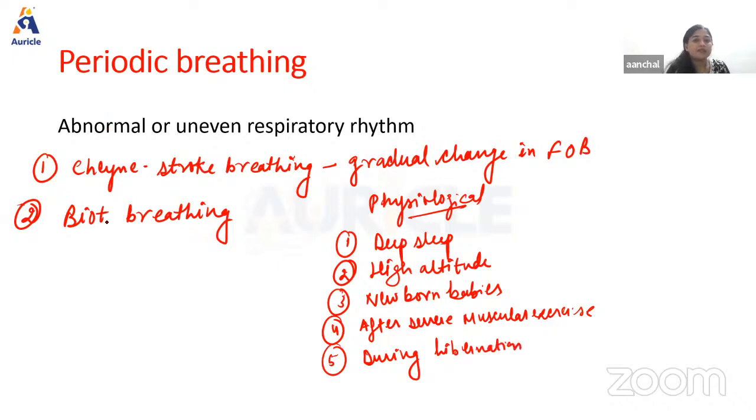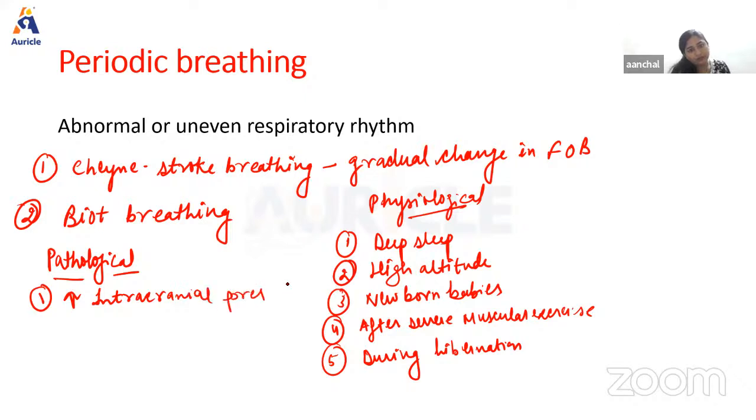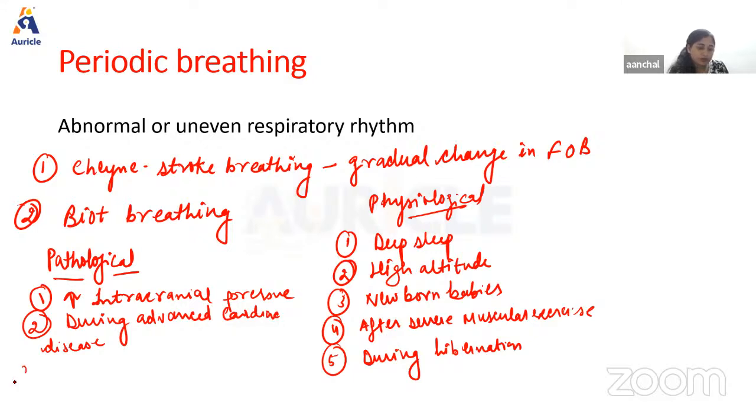Then also we have some pathological conditions. Pathological conditions like whenever there is increased intracranial pressure, or during advanced cardiac disease, or in premature infants.